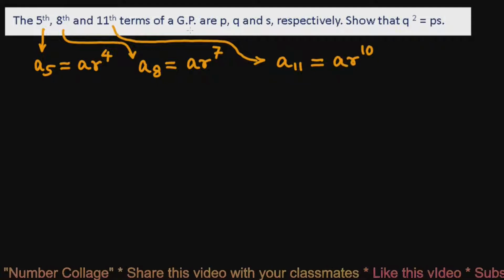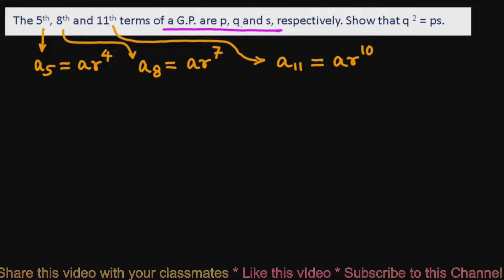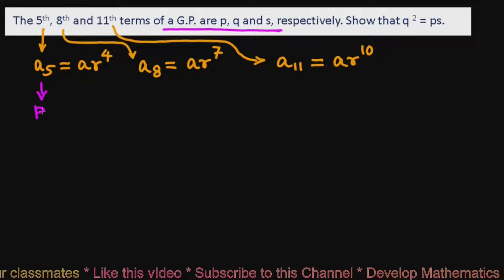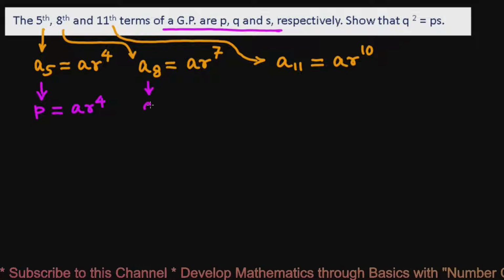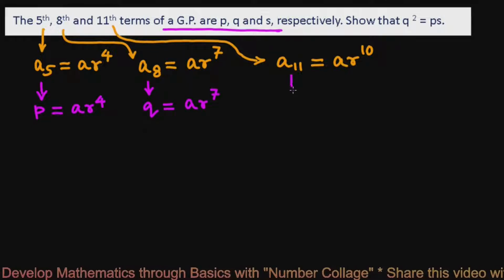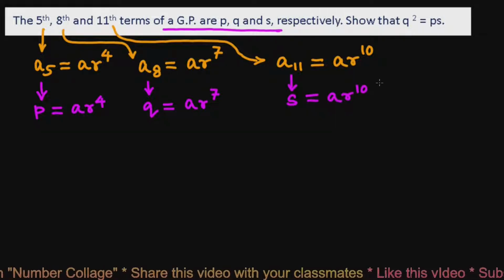Now these terms in GP have been called as P, Q, S respectively. So therefore A5, which is P, is A R power 4, A8, which is Q, is A R power 7, and A11, which is S, is A R power 10.